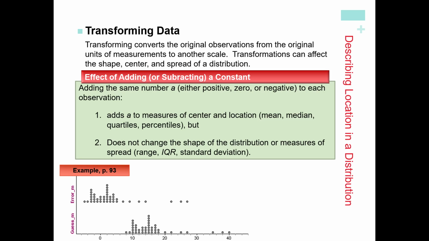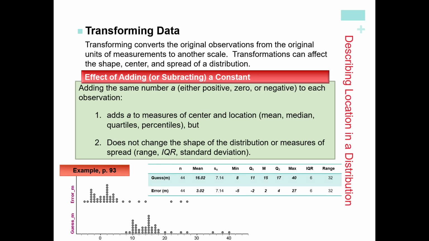The mean seems like it probably has shifted up by that flat amount. All those points have each shifted up by the same amount. However, the shape of the distribution is exactly the same, and it's just as spread out. You could imagine taking the new distribution and moving it over and putting it exactly back on the original. The only thing that has changed is that it's moved to the right on the bottom distribution.